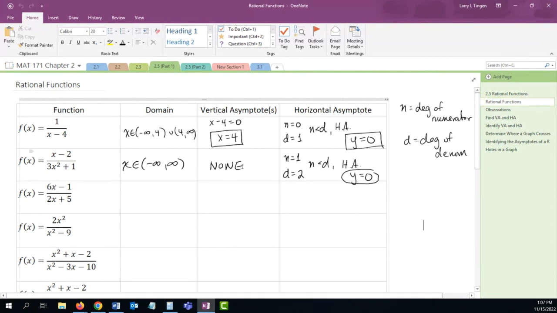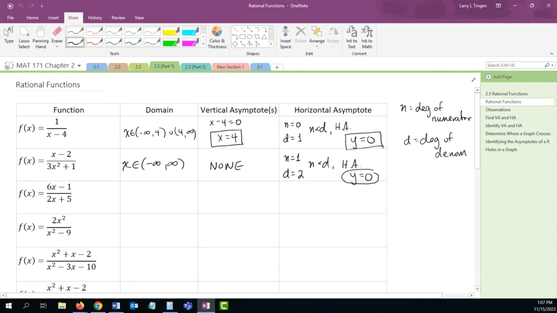Vertical asymptotes occur when the denominator is 0 in the reduced form. If I have an x minus 4 in the numerator and denominator, we're not going to see a vertical asymptote there. We're going to see a hole, but that is at the end of this section, so don't worry too much about that yet.